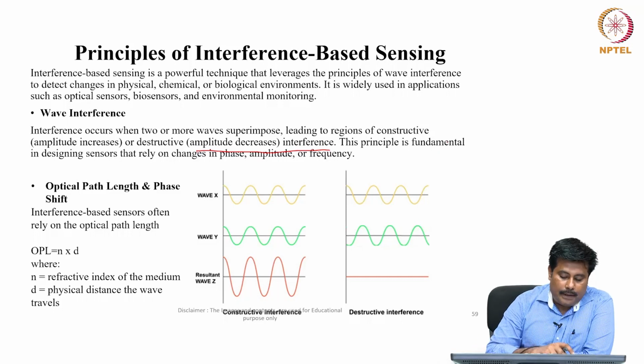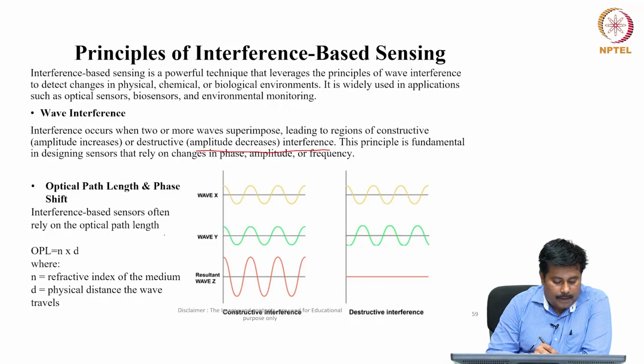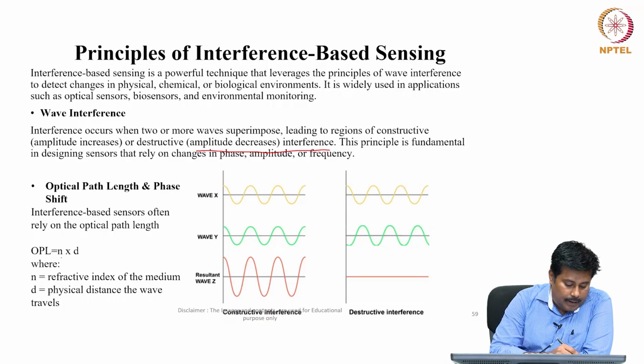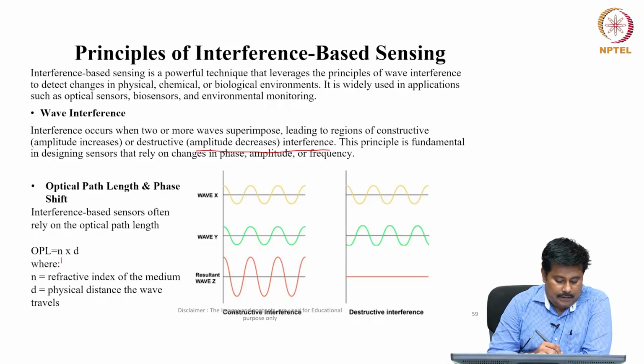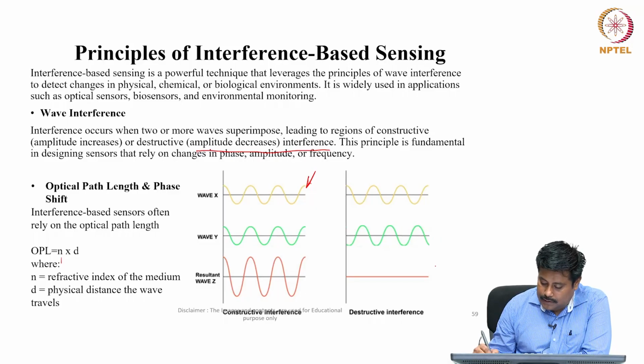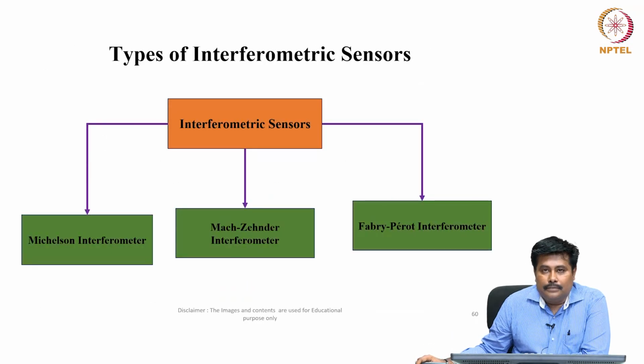Interference based sensors often rely on the optical path length and phase shift. The optical path length, OPL, depends upon the refractive index n of the medium and d, the physical distance over which the wave travels. In the case of constructive interference, the overall configuration is this, and in the case of destructive interference, this is the overall configuration we could observe.